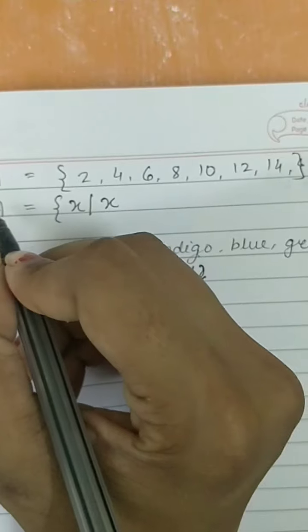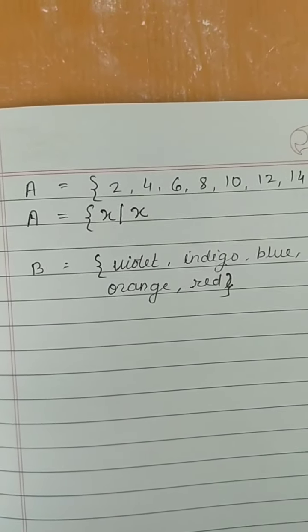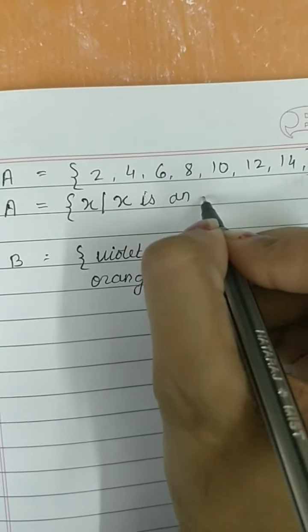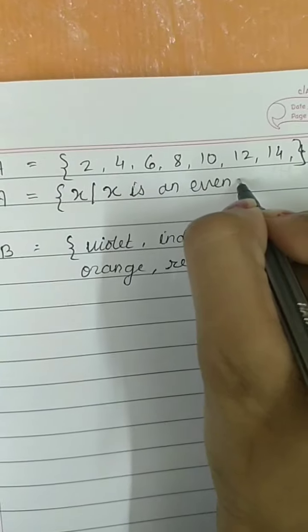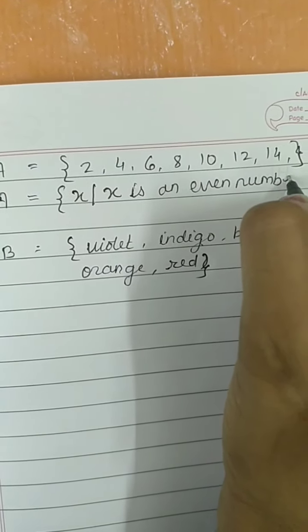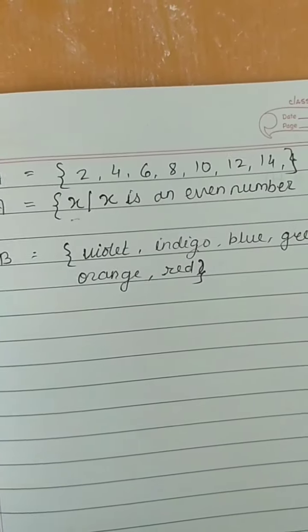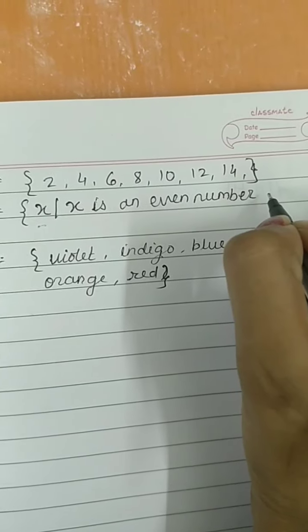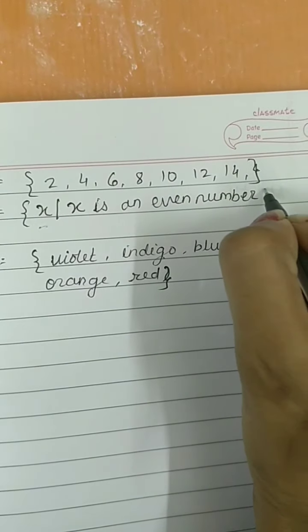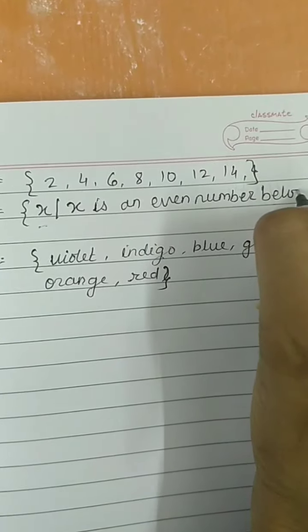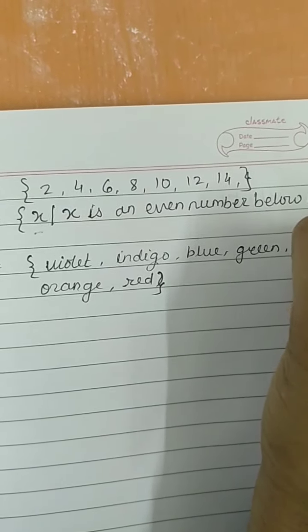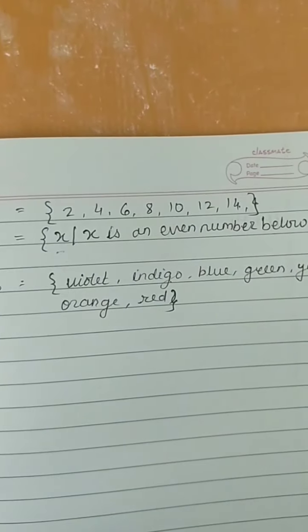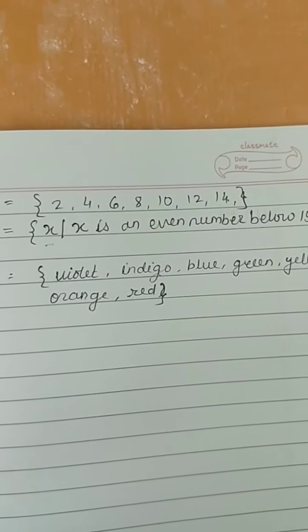So I can write it like this: A is a set of all x such that x is an even number. Now if I just write it like this, an even number, will it be okay? No, we need to be specific. So an even number below 15. When I say below 15, it means only till 14. Is it okay now?